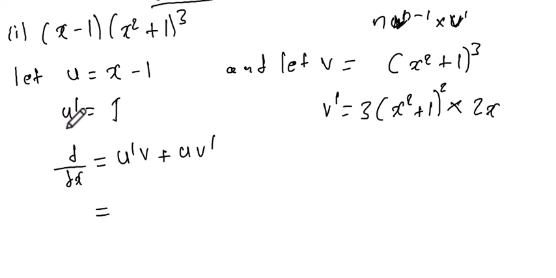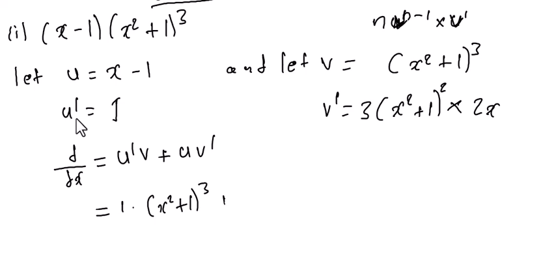Our u prime is 1, multiplied by our v, which is simply this function here, x squared plus 1 to the power 3.